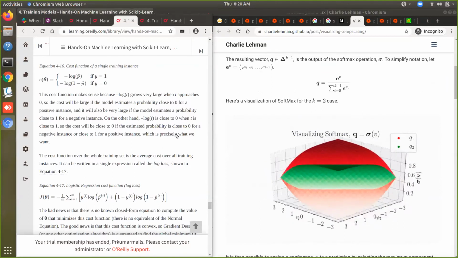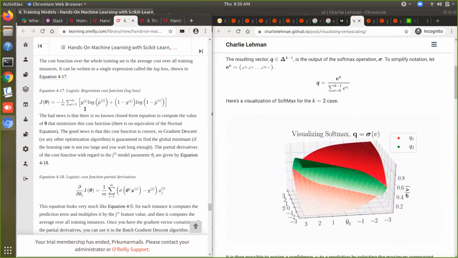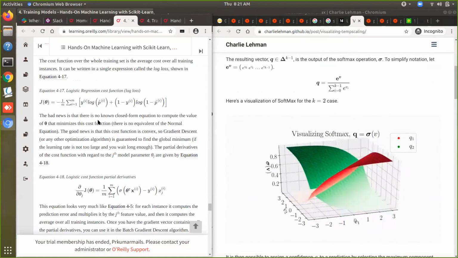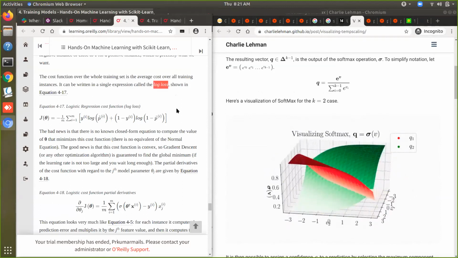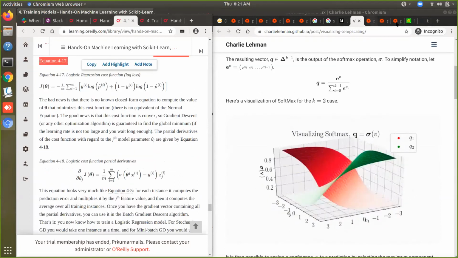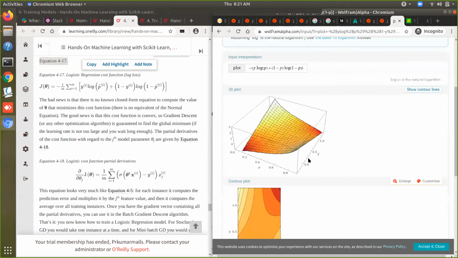So yeah, we have defined our cost function for logistic regression. This equation is what they coined as log loss. Since we are dealing with only one class, actually it is two classes, and we are finding whether this is class one or not class one.